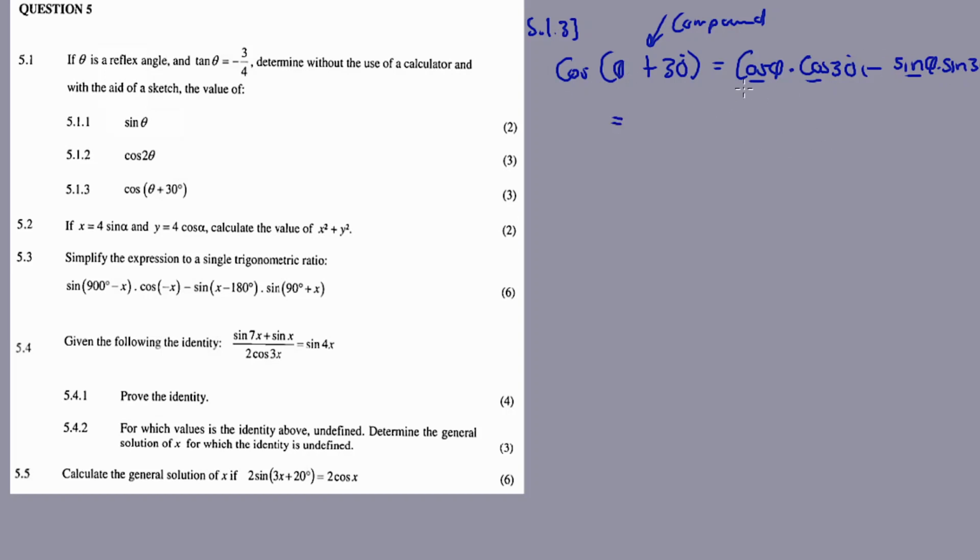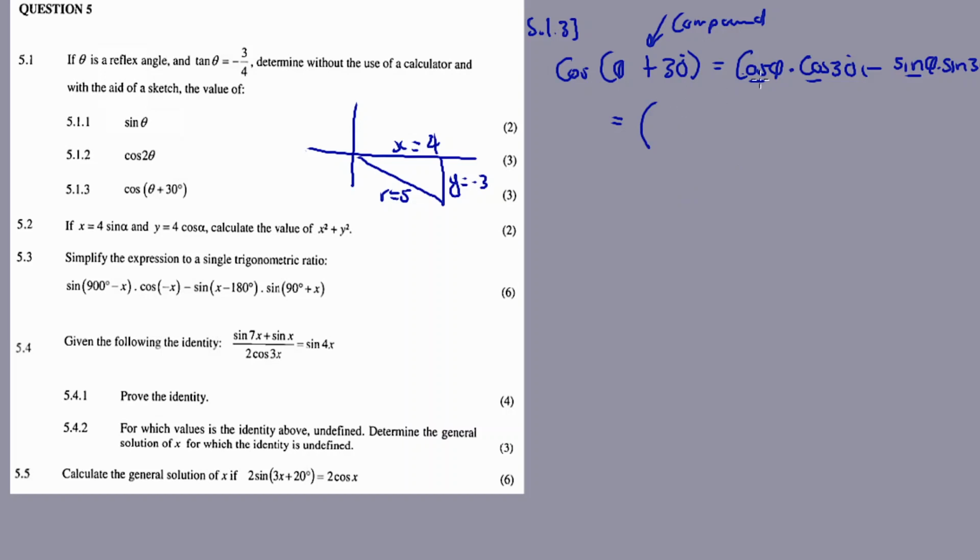Therefore, don't forget the triangle for cos theta: x is equal to 4, y is equal to negative 3, r is equal to 5.